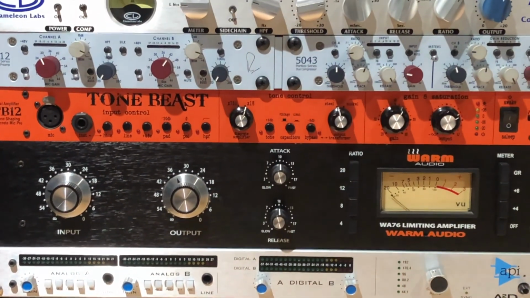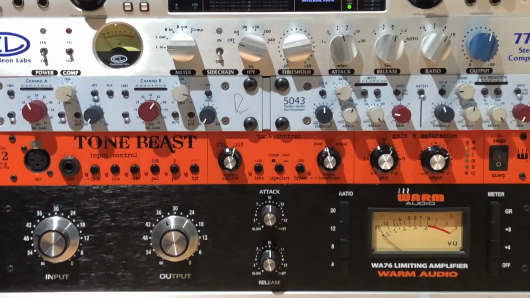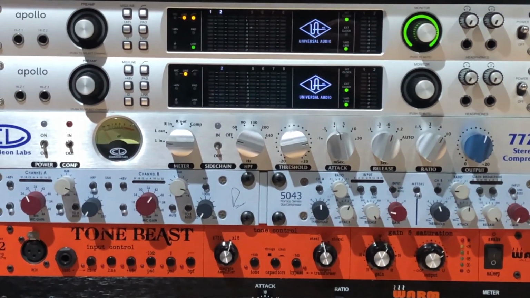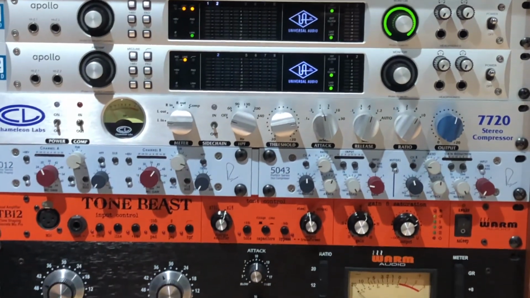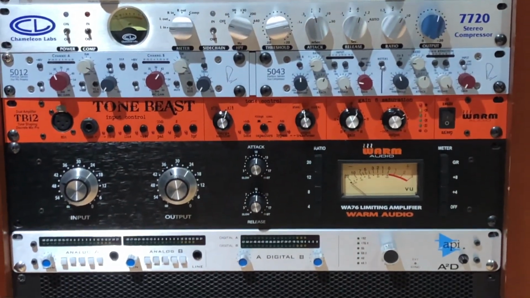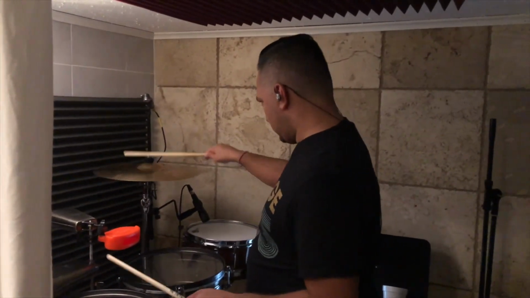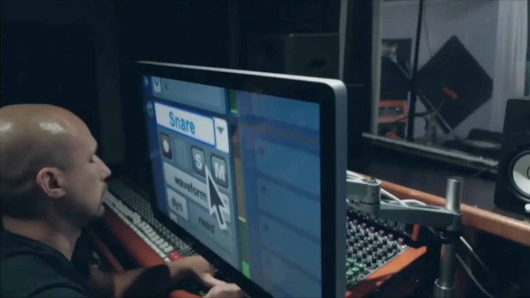That automatically adds about 26 channels immediately to my system when I want to record all at the same time. Always keep in mind, if you're going to be recording live drums and other live musicians, the number of inputs is the number of musicians or instruments that you can record at the same time.